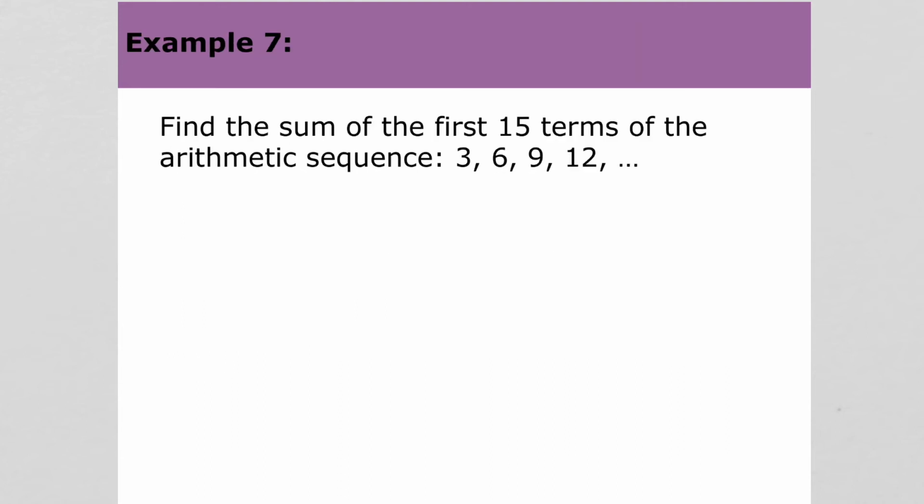Number 7 says, find the sum of the first 15 terms of this arithmetic sequence. Well, we don't know what the 15th term is, so the first thing we're going to have to do is find that. Back to our formula, a sub n equals a sub 1 plus n minus 1 times d.